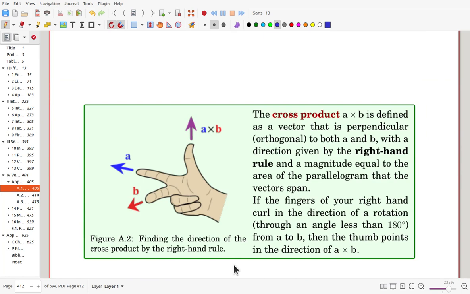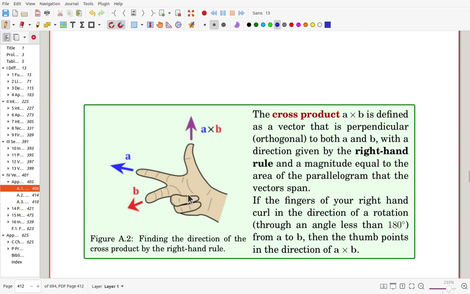The cross product is defined as a vector that is perpendicular to both A and B, with the direction given by the right-hand rule. If the index finger is A and the middle finger is B, then your thumb is A cross B. By using this right-hand rule, the cross product is determined.